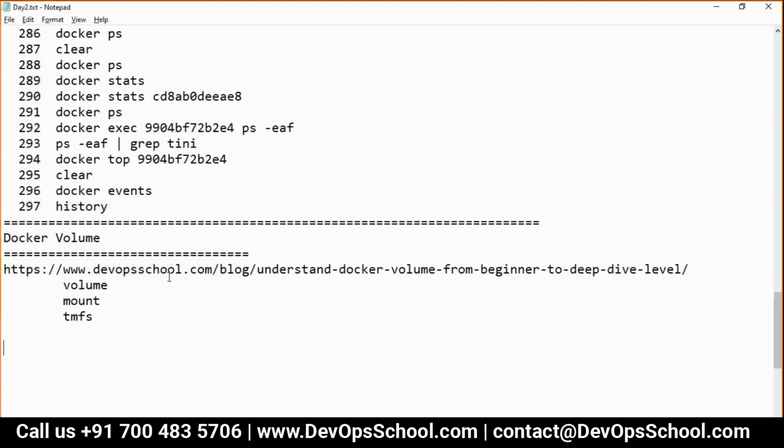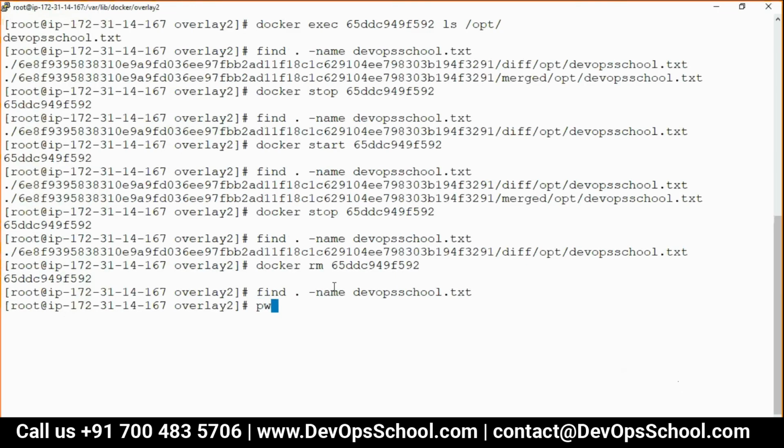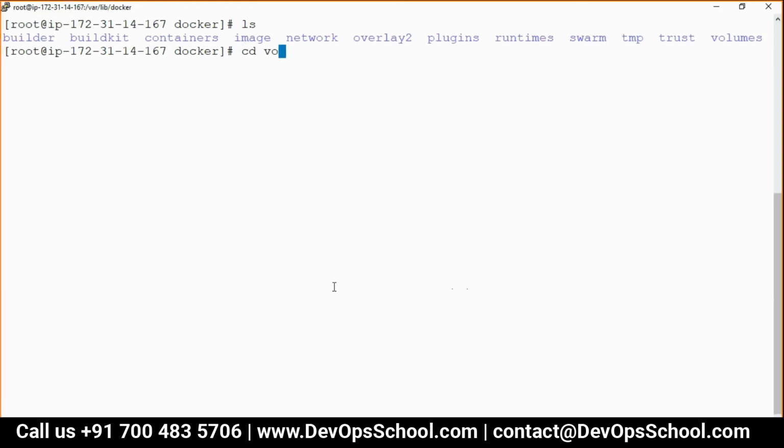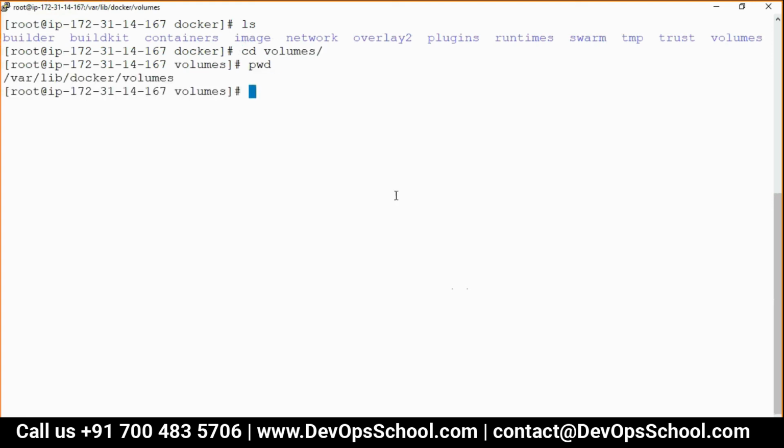Okay. So guys, there are 3 types of volumes: volumes, mount, tmpfs. Where is it stored? The volumes I am talking about, the first type, get stored in this location.